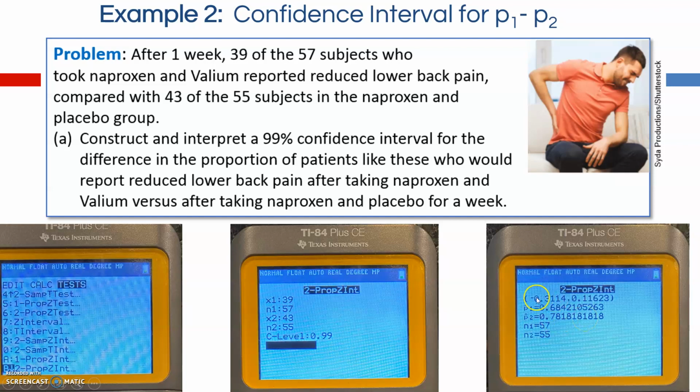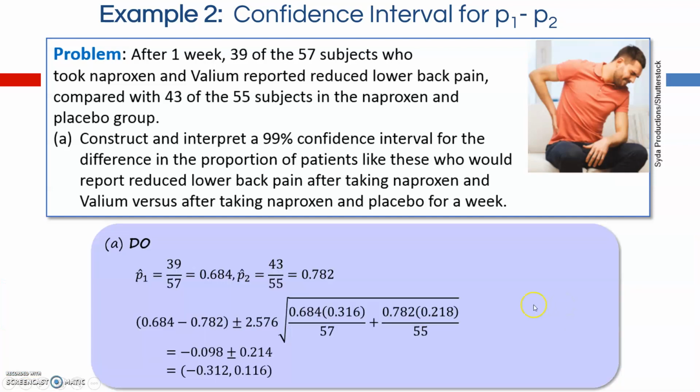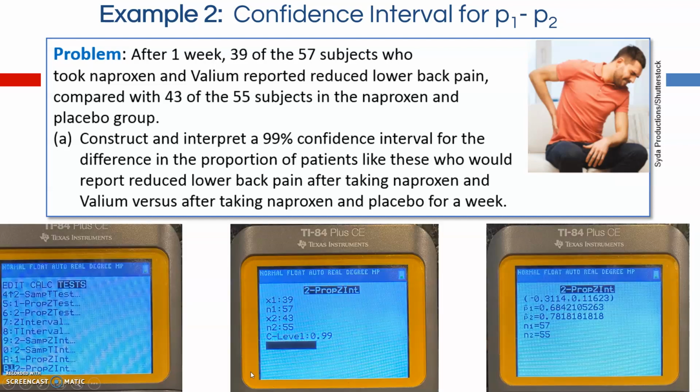Okay, so now go back, negative 0.3114. It may be slightly different. The calculator is probably a little more accurate because it won't round at all till the very, very end. So you get negative 0.3114. And for this number, you get 0.11623. So you are allowed to use this, especially if you see it on an FRQ.